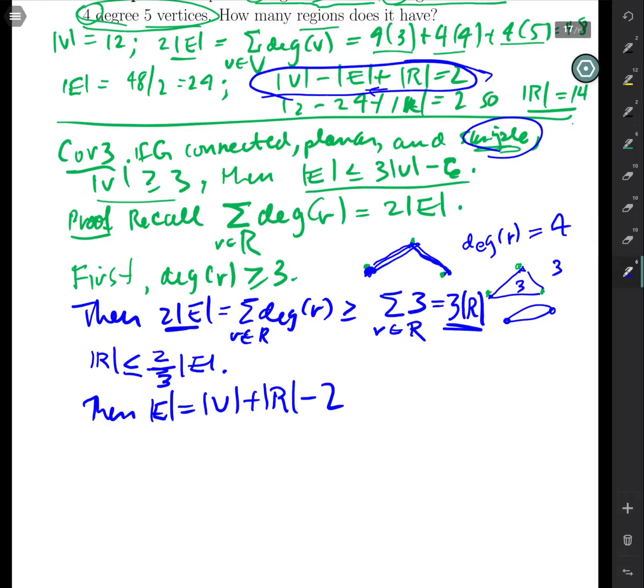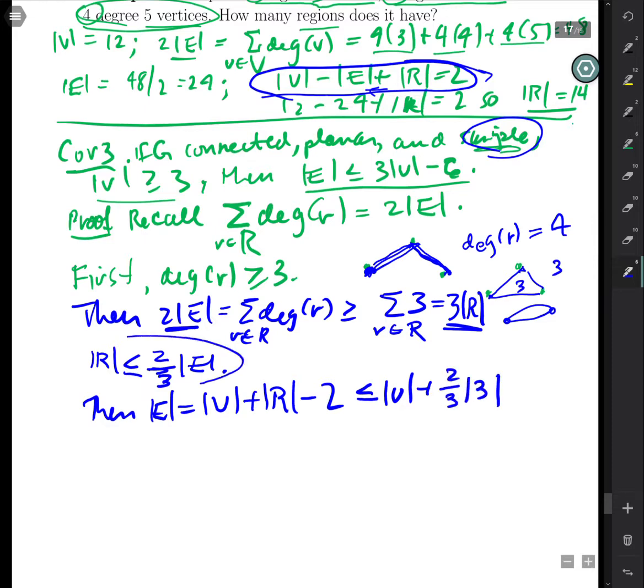Right, okay. But the number of regions is less than or equal to 2/3 of the number of edges. So if I put 2/3 the number of edges, that's the bigger thing here, it will make this right-hand side bigger, like so.